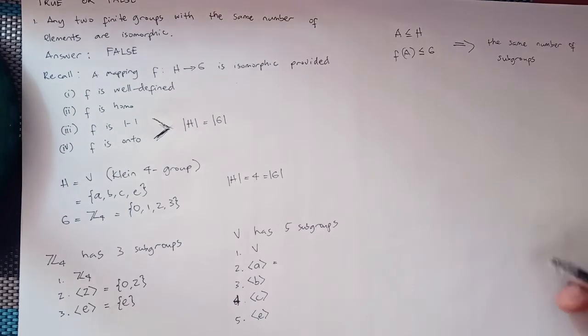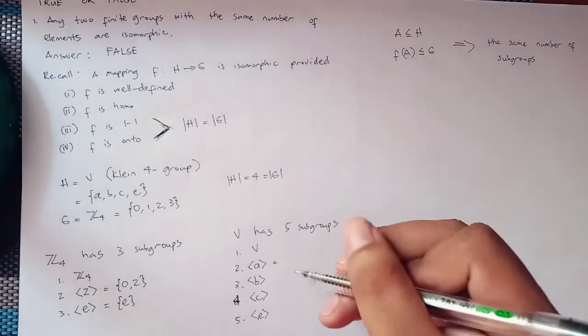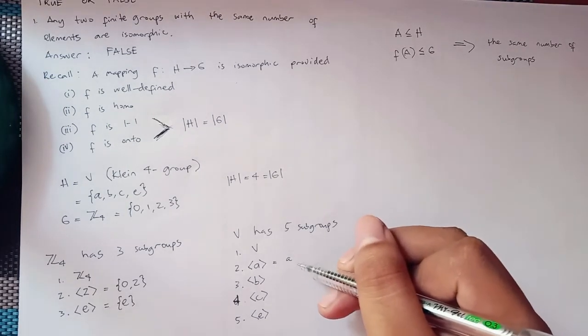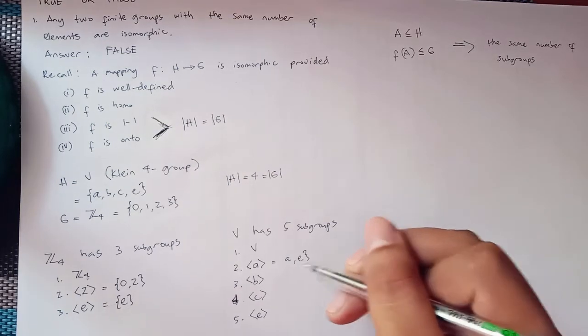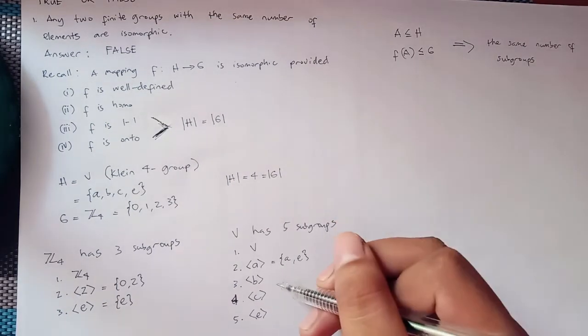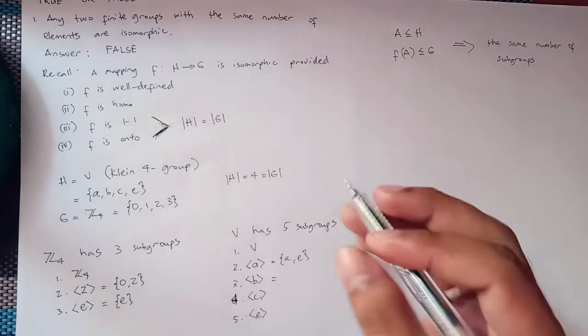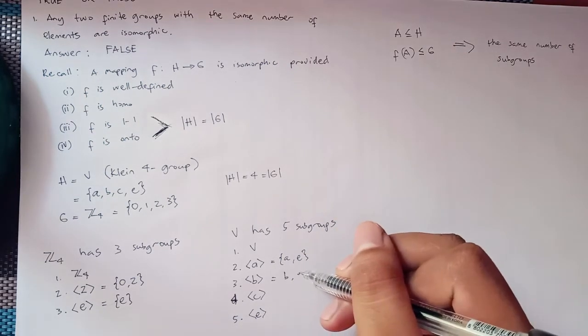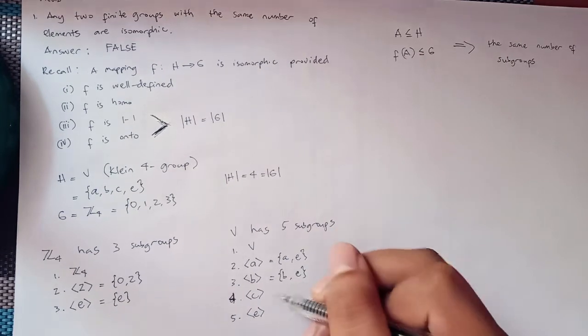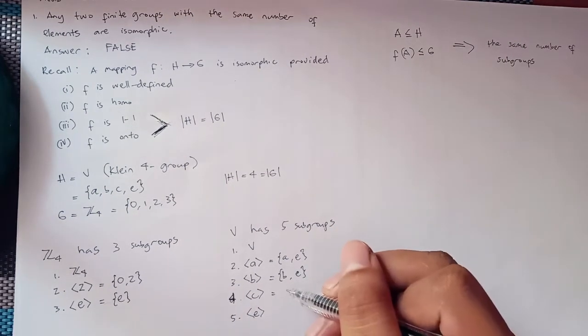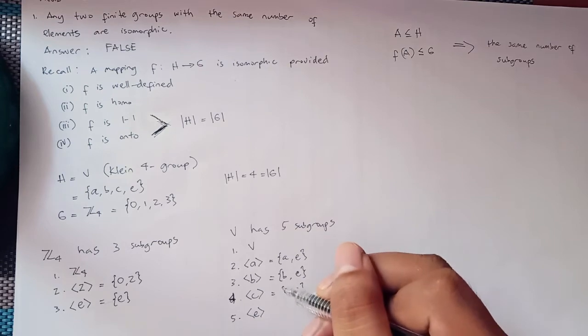So A has two elements, A and the identity element E. Same with B and C: the subgroup of B has elements B and E, and C has elements C and E.